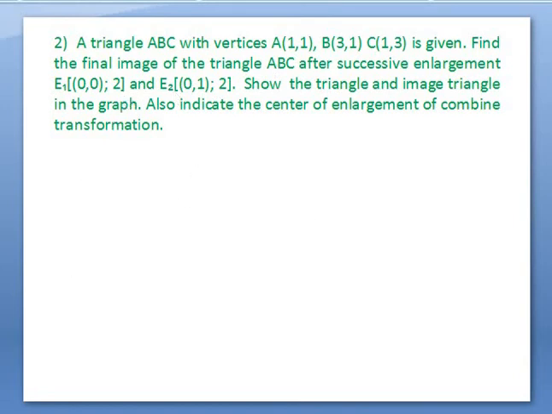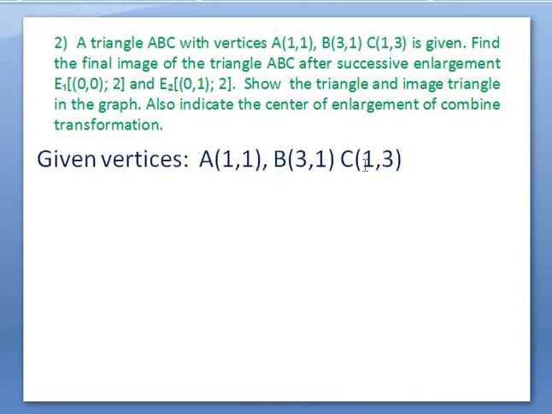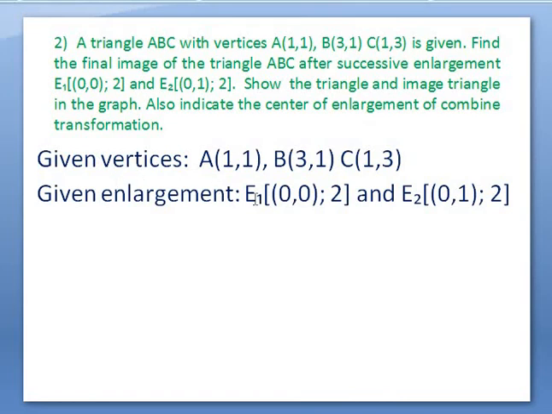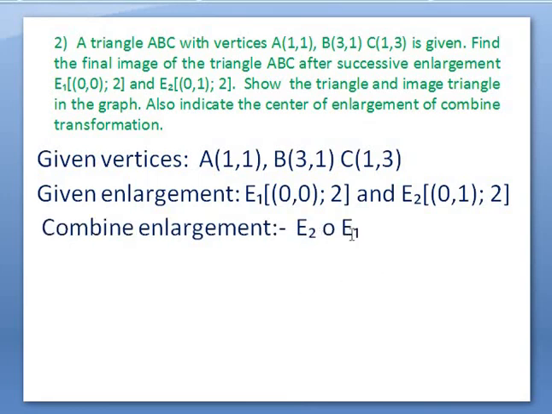The given vertices are A, B, C, and the given enlargements are E1 (0, 0), 2, and E2 (0, 1), 2. After that we have a combined enlargement E2∘E1. So now we find the combination of E2∘E1.